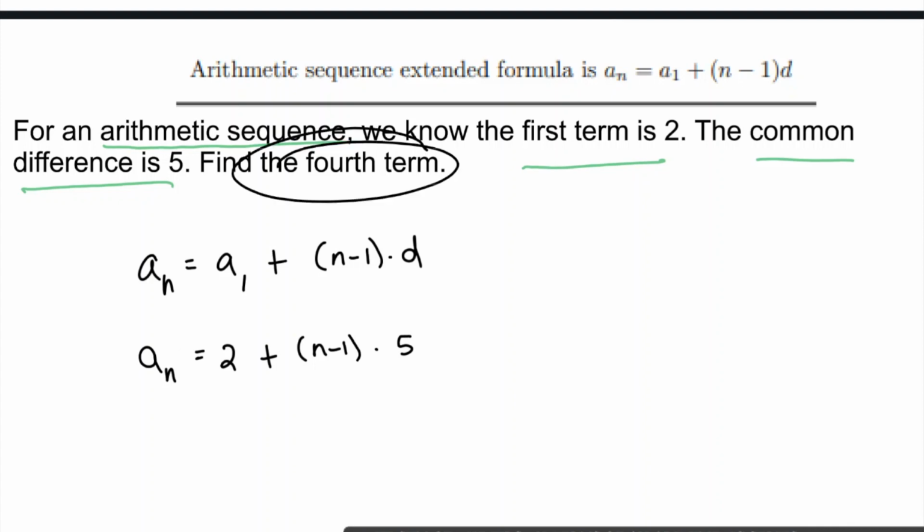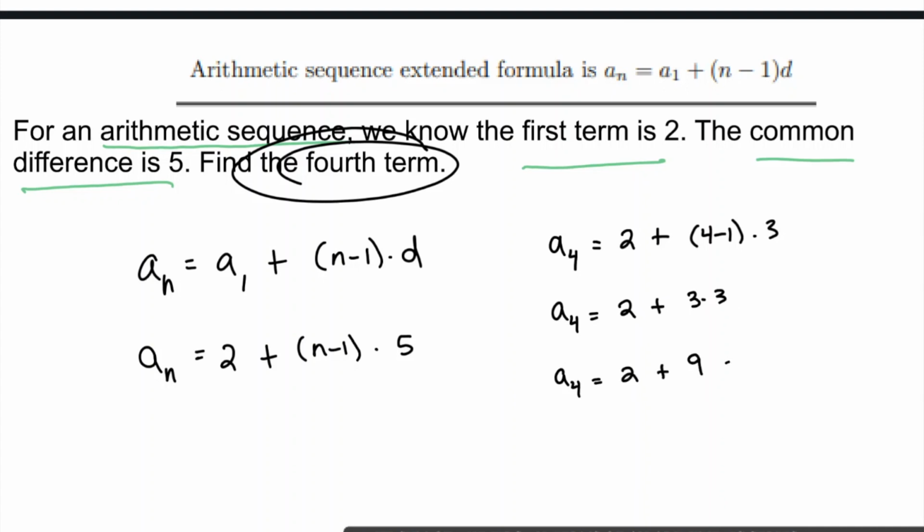Now we care about the fourth term, so I'm going to plug in a 4 for everywhere there's an n. 2 plus 4 minus 1 times 3. And we'll get 11 for the fourth term.